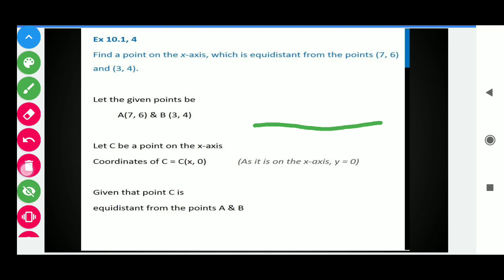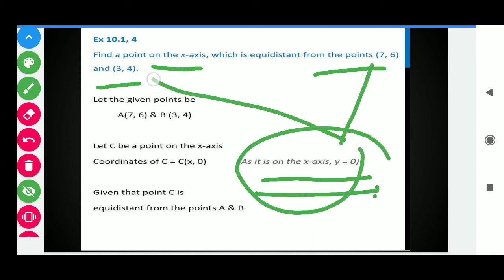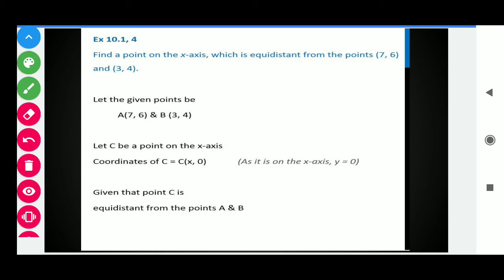Find a point on the x-axis which is equidistant from the points (7, 6) and (3, 4). This type of question we have already done in class 10. Here we have to assume a point on the x-axis. We know that y is 0 on the x-axis. This point is equidistant from the two points, so by using the distance formula and equating both terms, we get the value of x.